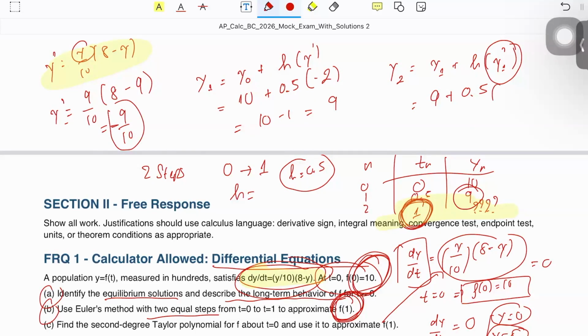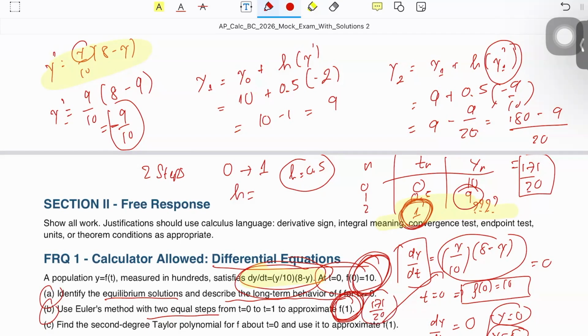I put negative 9 over 10 here. Now 9 plus 0.5 times that, which is 1 half, means minus 9 over 20. The common denominator is 20, and 9 times 20 is 180. 180 minus 9 is 171 over 20. So that is your answer: 171 over 20.